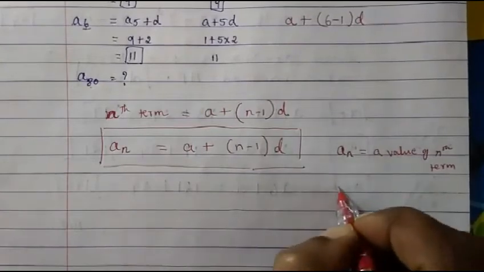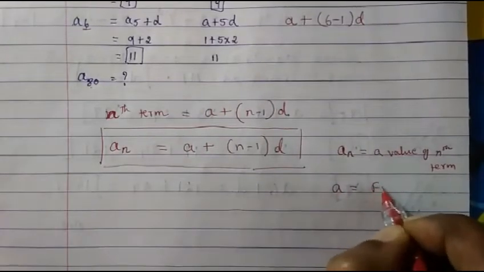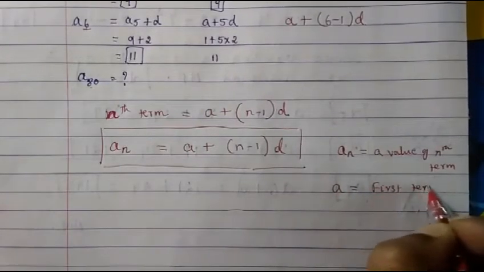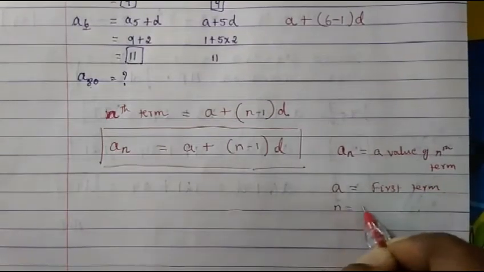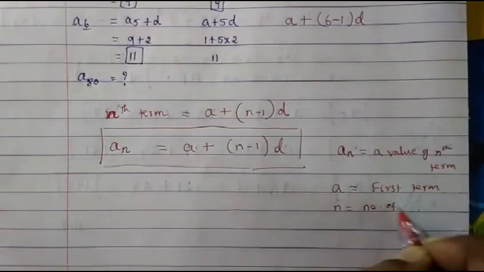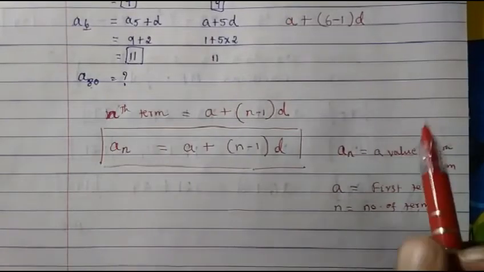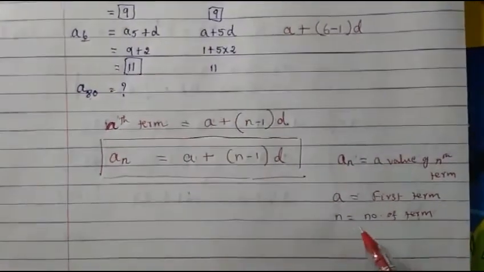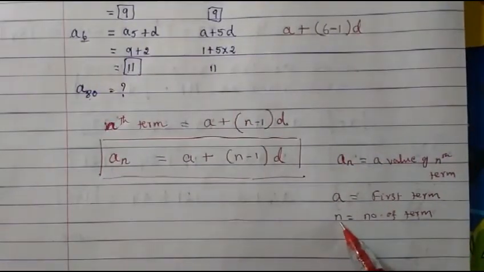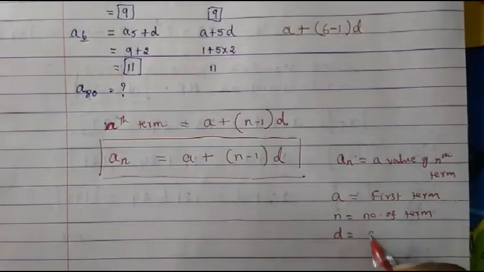Then A is the first term. Then n means the number of term, whether fifth term or sixth term or 80th term. Then we have D, D means common difference.